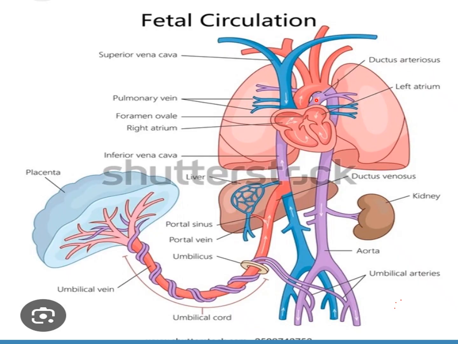Which will shunt blood from the pulmonary artery into the descending aorta, and this blood goes down to perfuse the lower structures at the lower extremities of the fetus.